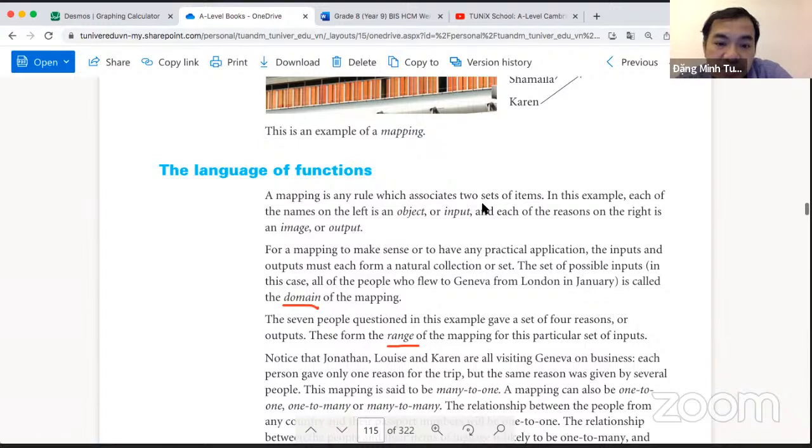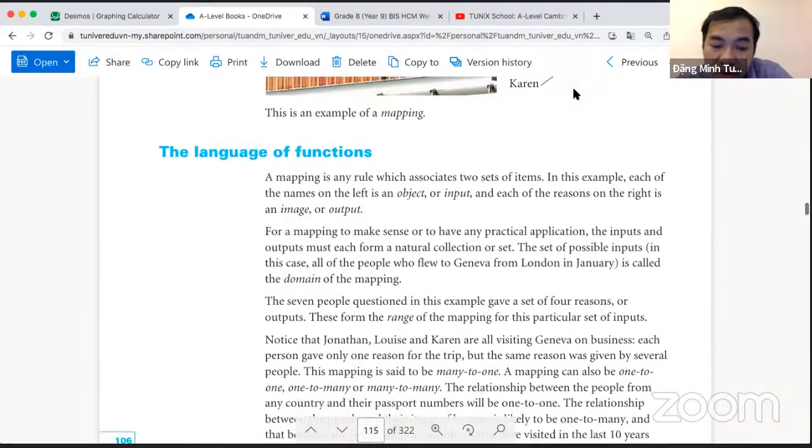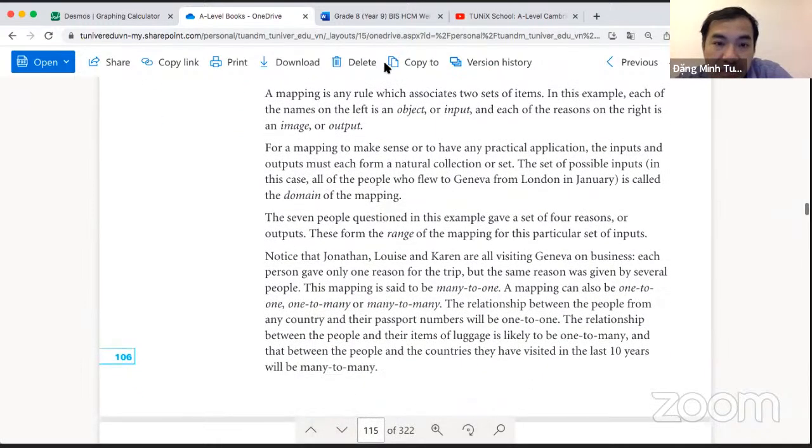Then you see the relationship between the domain and the range. The mapping may be many to one, that means many people go to one destination. Or maybe one person to one destination.